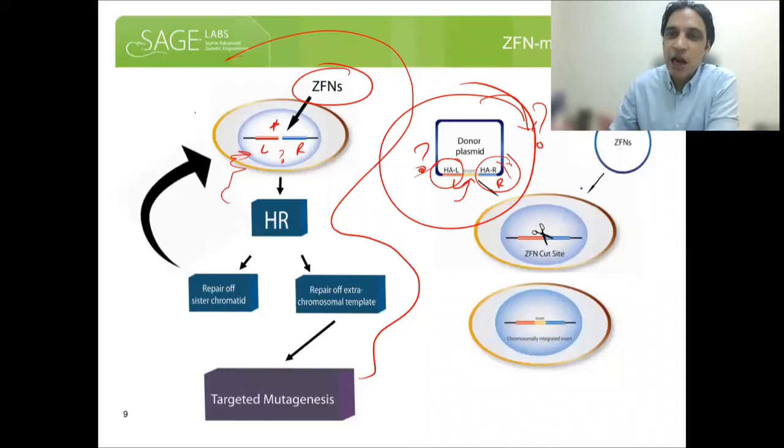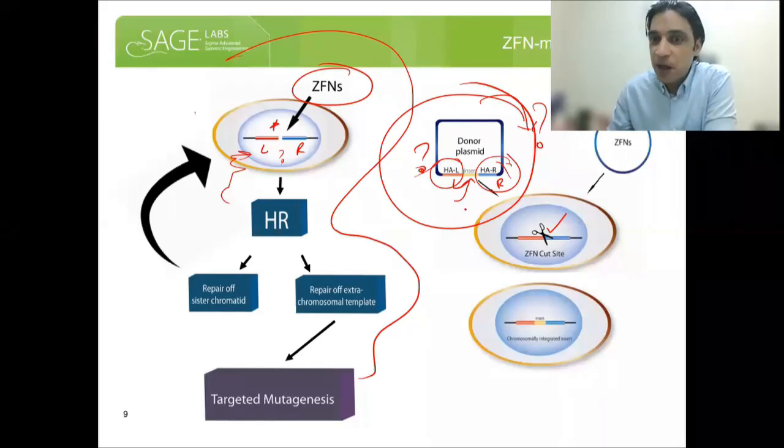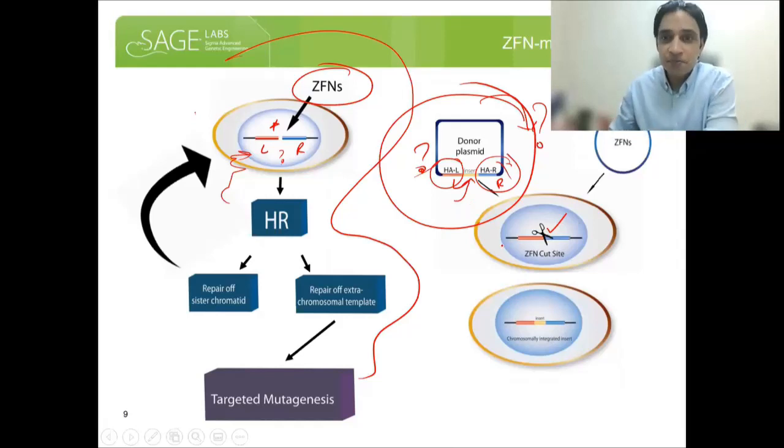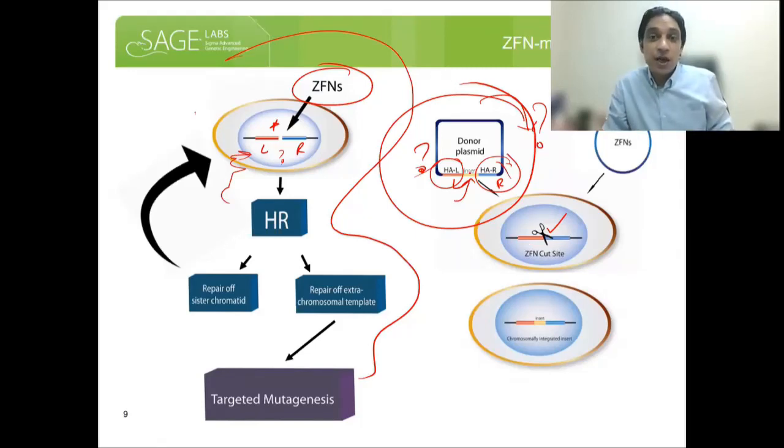First, that is going to introduce a double-stranded DNA break. At the same time, you should give a donor plasmid which has similar arms, and the DNA repair mechanism will then do the rest of the job. It is going to utilize this donor plasmid and incorporate it into the DNA. And how laborious that will be.